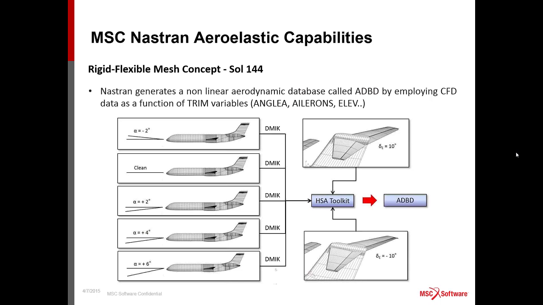For Nastran, this means that we have to provide different DMIK matrices, okay? The DMIK is the direct matrix input on the K-set, where the K-set is the set of the aerodynamic grids. So we have to provide Nastran with 3 components of forces for each of the aerodynamic grids that we have on the aerodynamic model, okay? And to do this, we use the Hybrid Static Aeroelasticity Toolkit that allows us to easily do it, okay? I'm going to show you later how to do it.